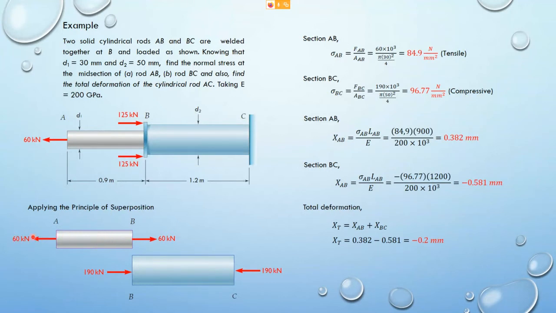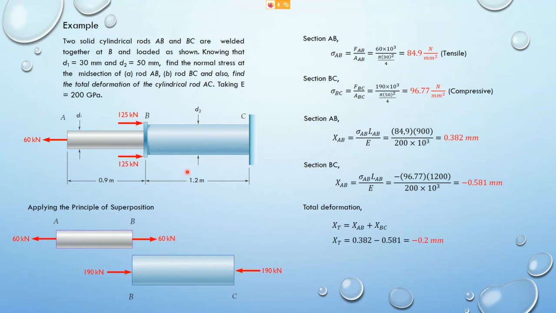So if this is 60 here, then this must be 60 as well. So that is your section B. When you look at section B, this is 60, but the original diagram shows section B actually has 250 acting towards the right. But here at this section B acting towards the right, only 60.